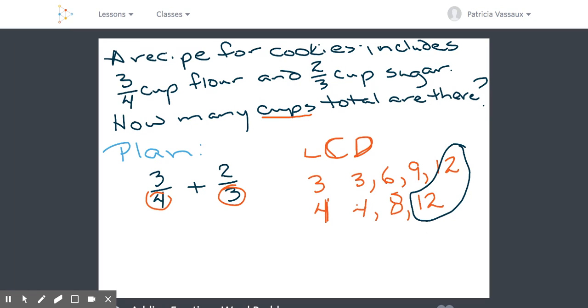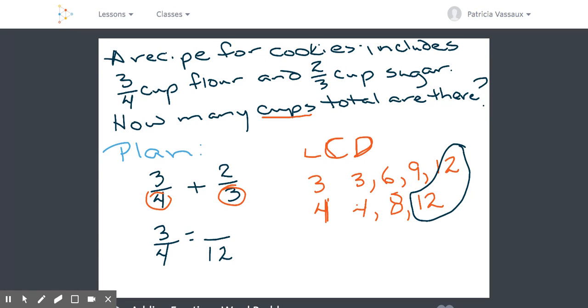So now we want to turn these into equivalent fractions. For 3/4, we have to come up with 12 as our denominator. So how do we get there? We're looking at fractions of the same value, so we're really multiplying each fraction by 1.